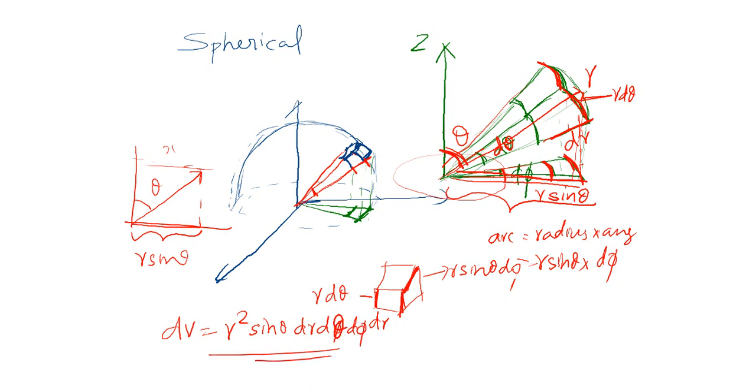Remember this expression also. So we can summarize as follows: dv in Cartesian is dx dy dz.